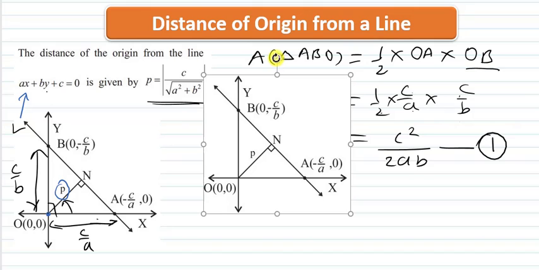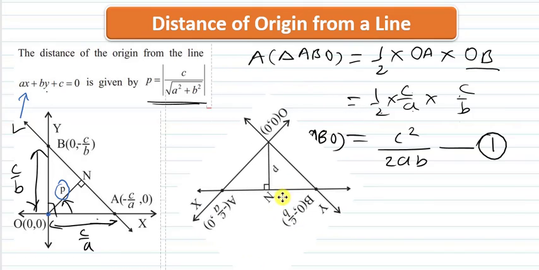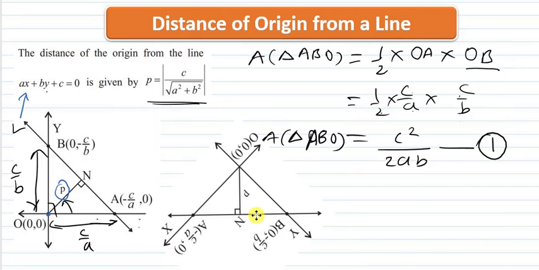Here, if I tilt the triangle like this, the area of triangle ABO is equal to half of the base, and here I am considering the base as AB, into the height.